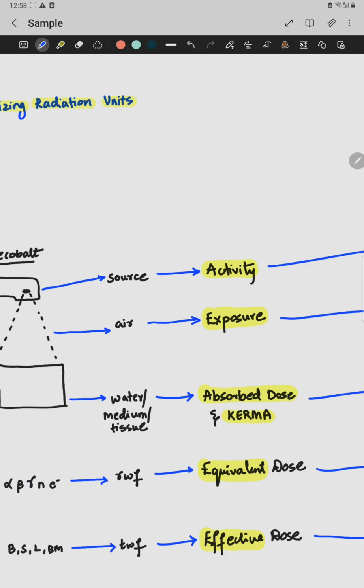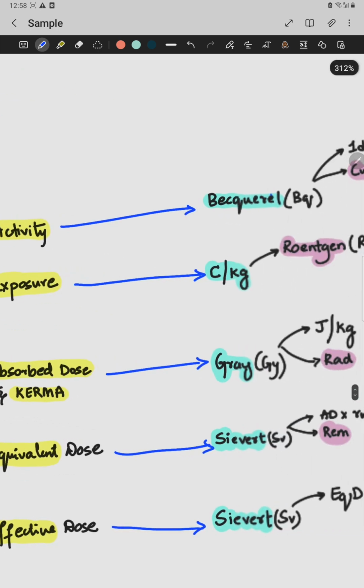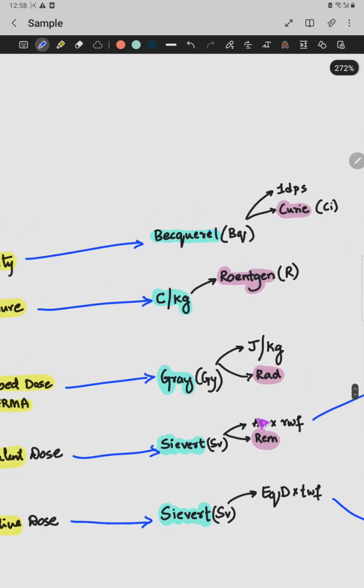All of these have different weighting factors, and based on these, the equivalent dose is calculated. Equivalent dose is absorbed dose times radiation weighting factor. The current SI unit is Sieverts, represented as Sv, and the previous unit was REM, that is Roentgen equivalent man.